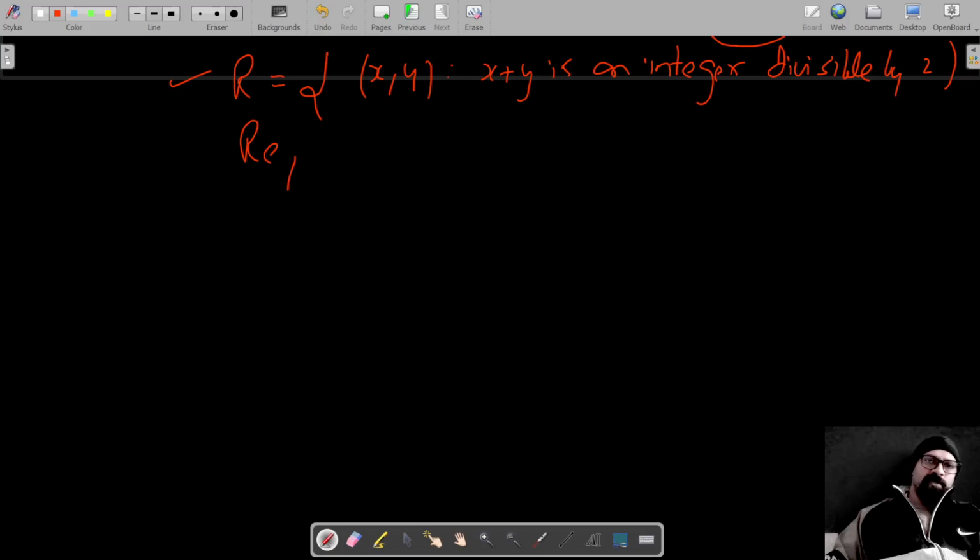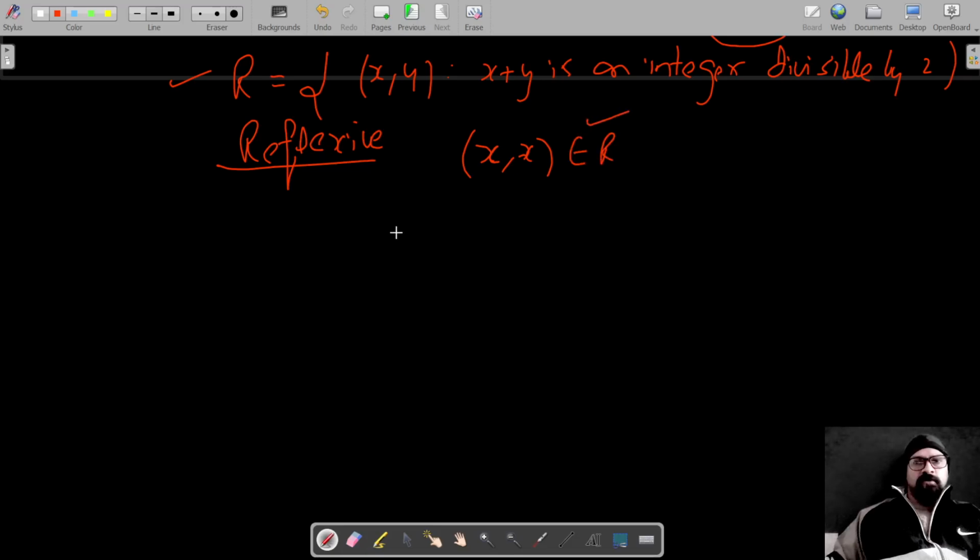First of all, let's check the reflexive part. For the reflexive part, we take an element with itself and check whether this belongs to the relation R or not. According to the relation, (x, x) belongs to R when the sum of these two is an integer divisible by 2.